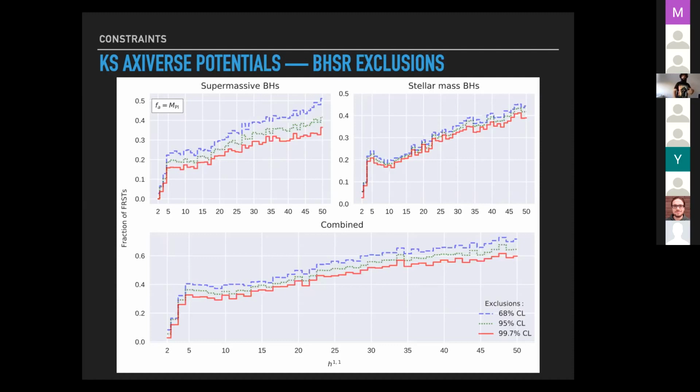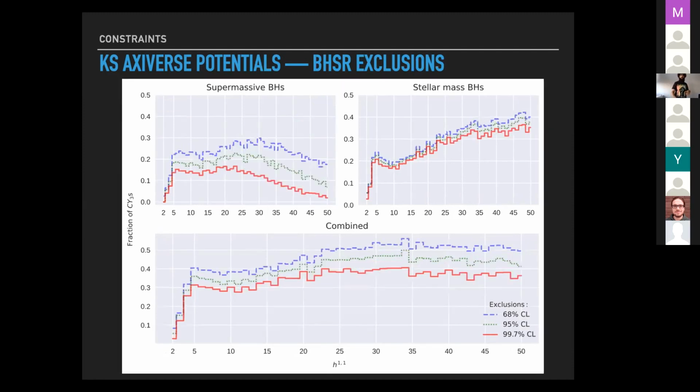Let's say that we took our naive estimate of the Fs as physical Fs. Well, as you can see, as we saw in the plot, the Fs are decreasing, and so this general trend of increasing exclusion as H11 increases will actually turn over. In fact, there are two things that can contribute to this curve turning over.